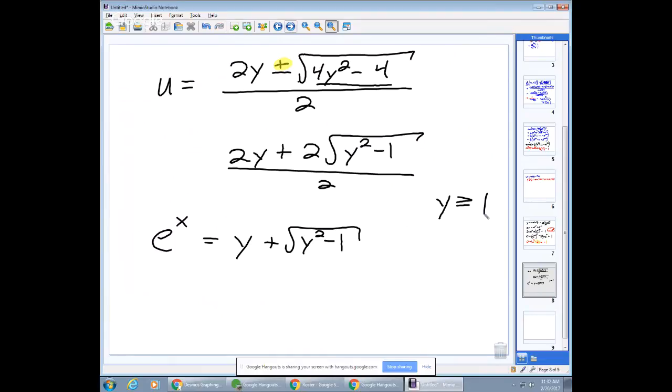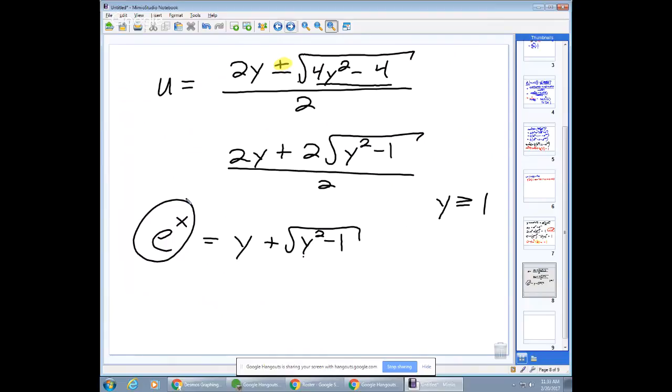So if that's the case, then my square root here is always going to have a positive interior. y squared minus 1 will be greater than 0, and then this whole thing is positive. Why do I care about that? Well, e to the x is always positive. If it ever tries to be negative, then that means you have natural logs of negative numbers, and that means i is going to pop up. And we'd rather not work with i because it's hard to graph in 2 dimensions. We need like 4 dimensions, which is a little tricky on a board.